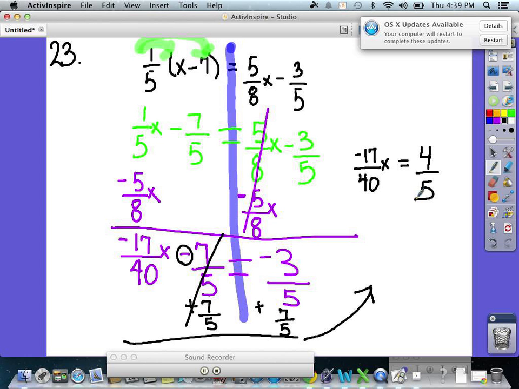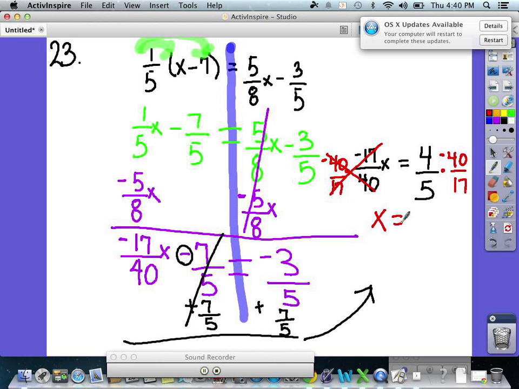Now we need to get our x by itself. We're going to multiply by the reciprocal. This will cancel out, leaving us just with x.